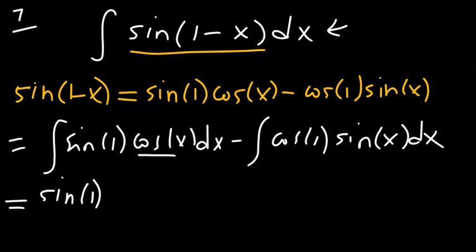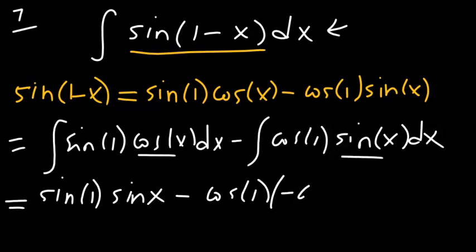Integrating cosine will give you just sine x, as we have discussed before. Minus, take the cosine 1 out because it's just a constant. Integrating sine, you get minus cosine x, as we have discussed before. And don't forget that overall constant.